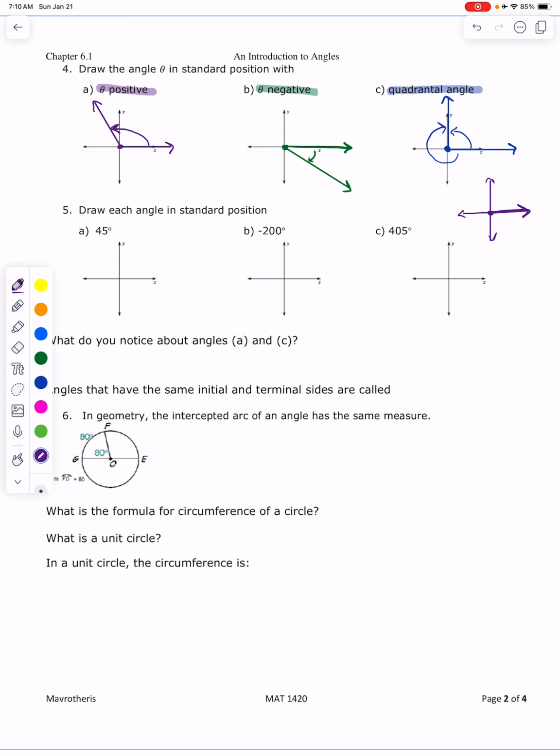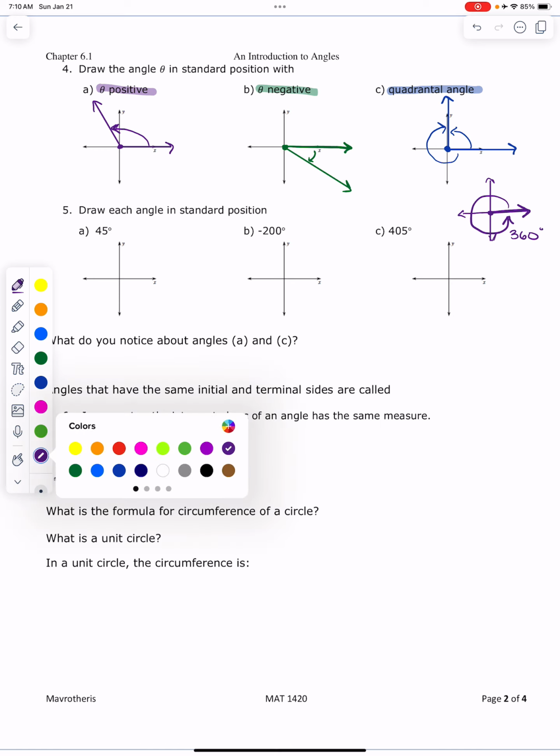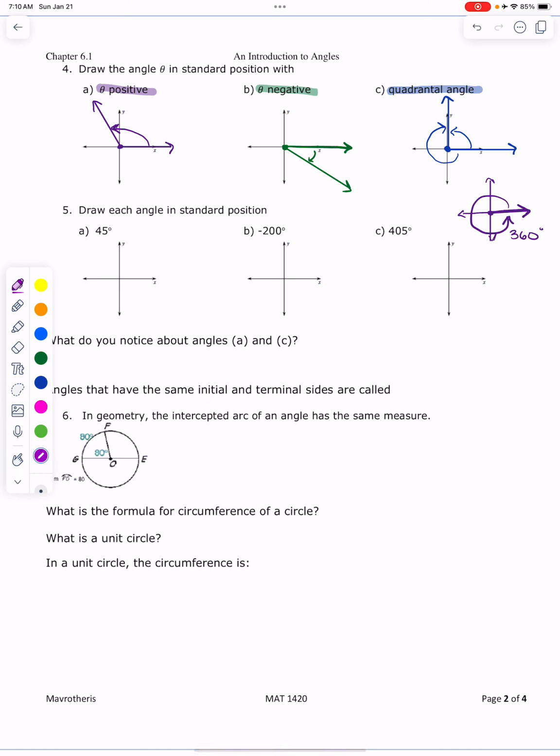Initial side. 360 degrees all the way around, which also means that we could go halfway around and that's going to be 180 degrees. There's our straight angle. If halfway around is 180 degrees, that means this first quarter is 90 degrees. That's what gives us that nice right angle there.